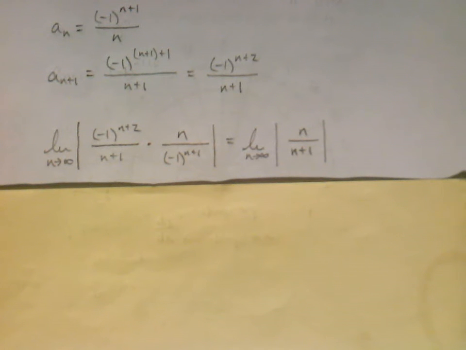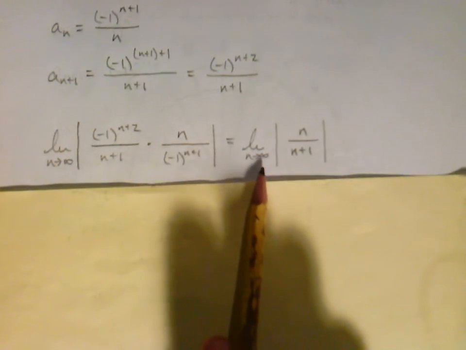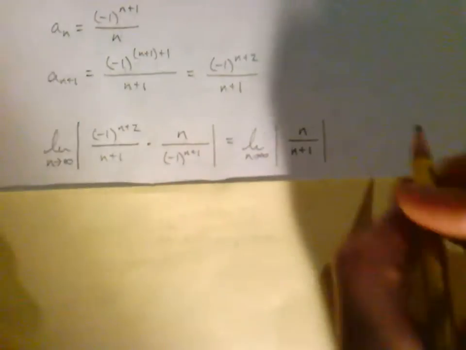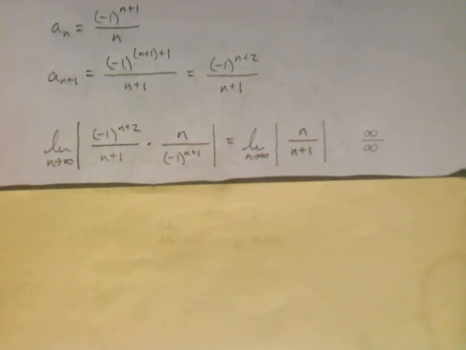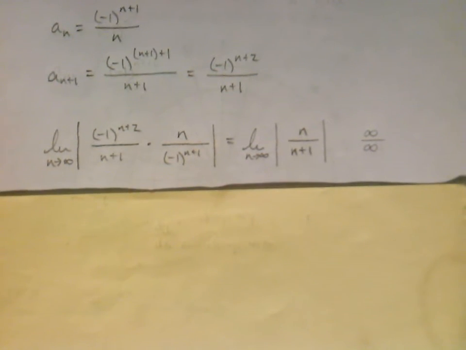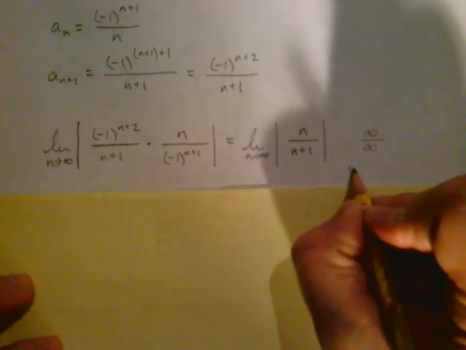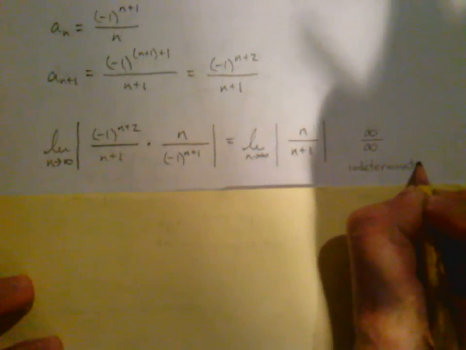Okay, now let's look at the limit as n goes to infinity of n over n plus 1. Well, as it is, if I were to put infinity there and there, wouldn't this work out to be infinity over infinity? And hey, do you remember cases like that? That's called an indeterminate form.